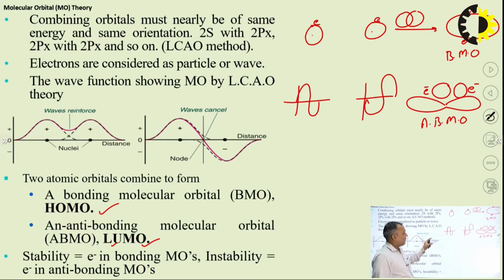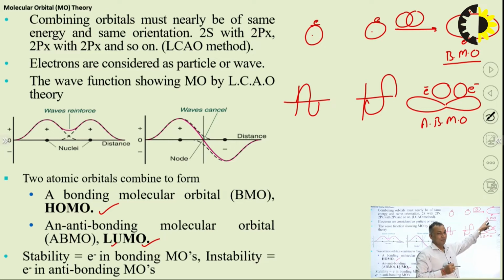So whenever the overlapping occurs, the atoms will make one bonding molecular orbital and another energy level, which is called anti-bonding molecular orbital. The energy of bonding molecular orbital is quite low, hence it is very stable, while the energy of ABMO is very high, that's why it is unstable.